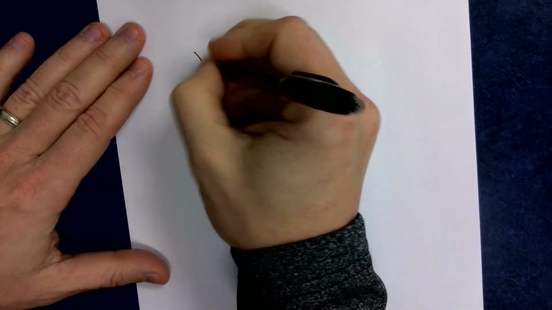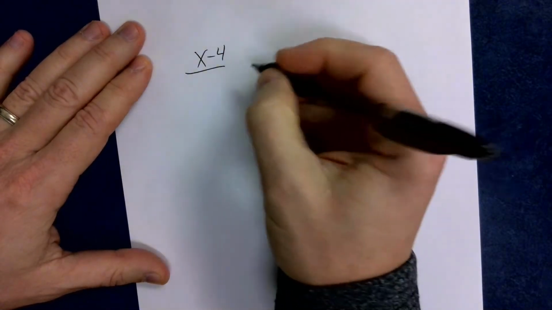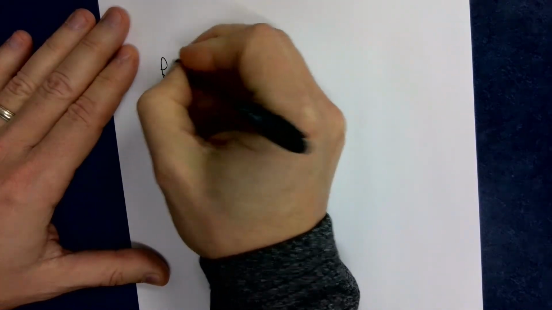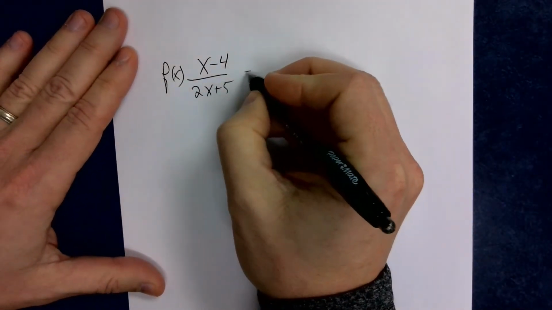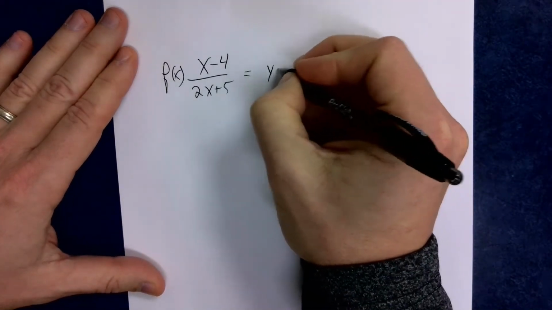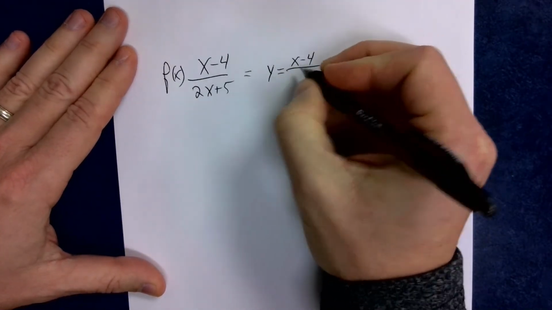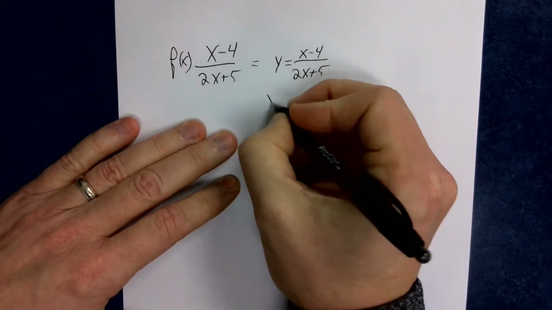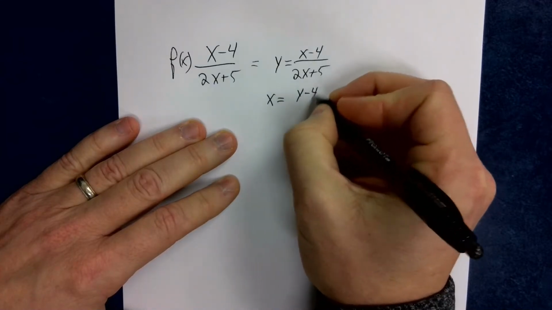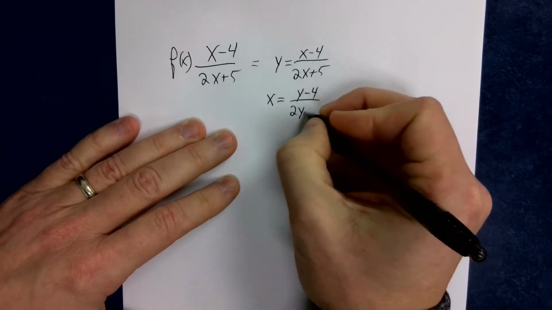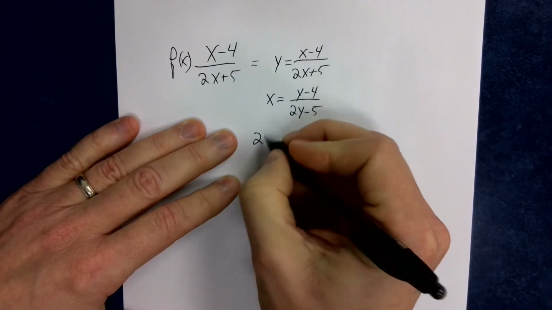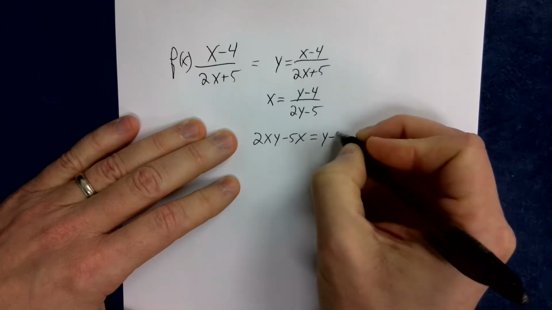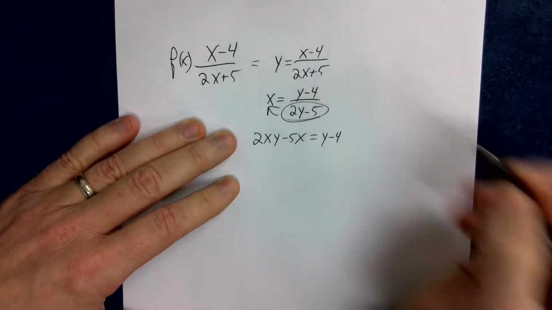So here was my original one, x minus 4 over 2x plus 5. That was f of x. So I'm going to rewrite it as y equals x minus 4 over 2x plus 5, which makes this x equal to y minus 4 over 2y minus 5, which makes that 2xy minus 5x equals y minus 4 when I multiply that up and distribute it in.